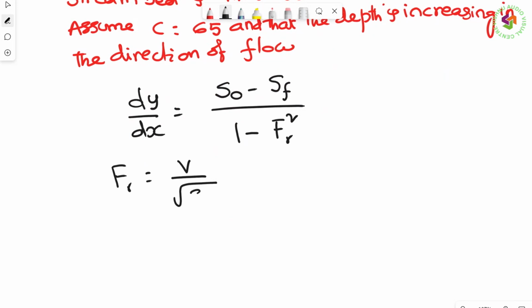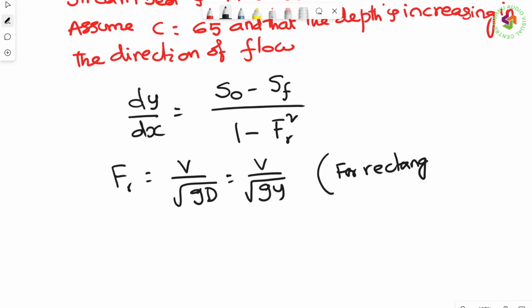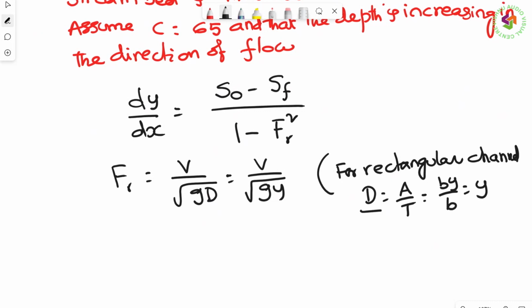It is V by root GD, that is root GY, because for a rectangular channel, D is equal to A by T, it is equal to BY by B, it is equal to Y. That is Y, right?